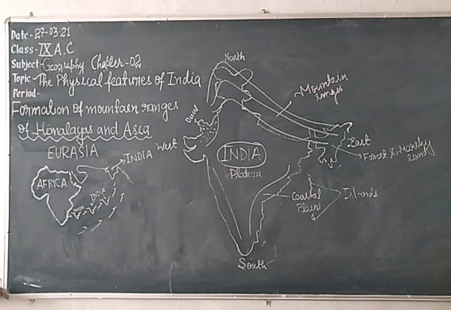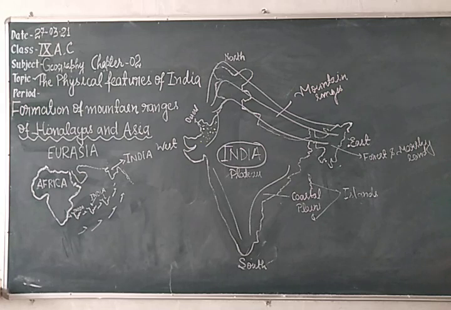So my dear students, in South Africa, where we can see a plate margin, on that plate, due to the continuous volcanic eruption and earthquake activity, the peninsular part of India started to separate, as you can see on the blackboard.